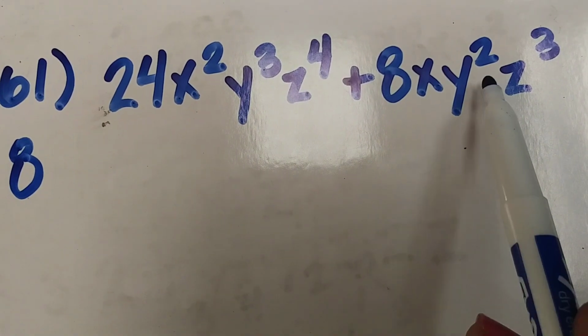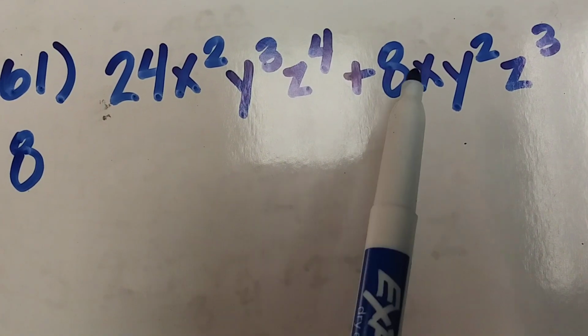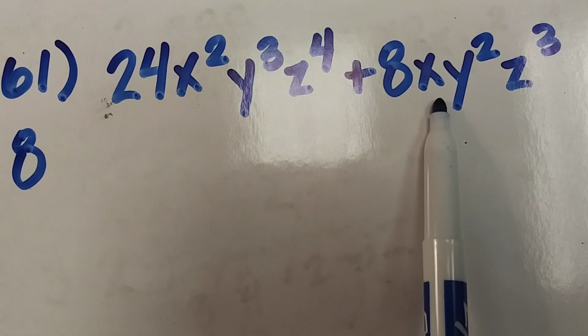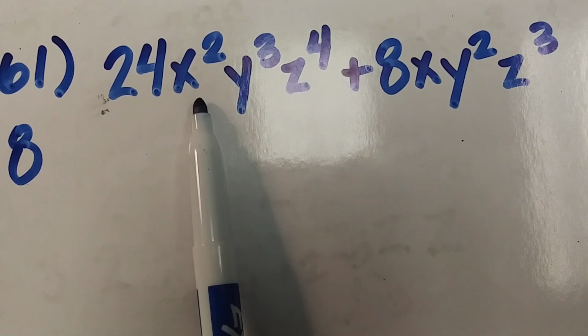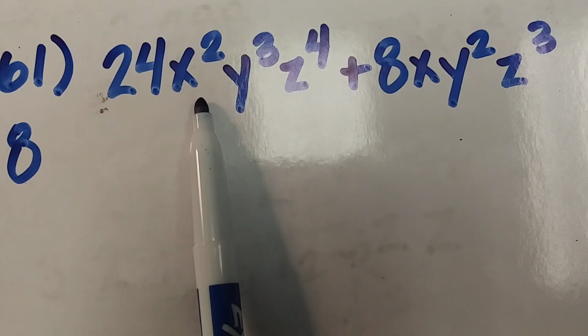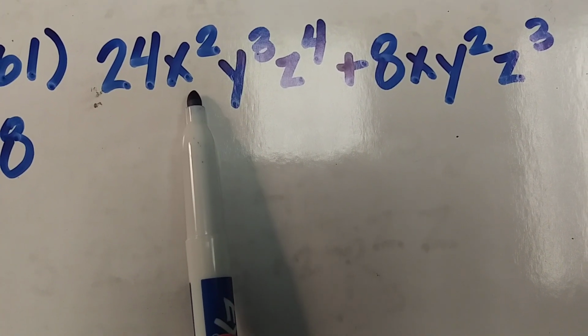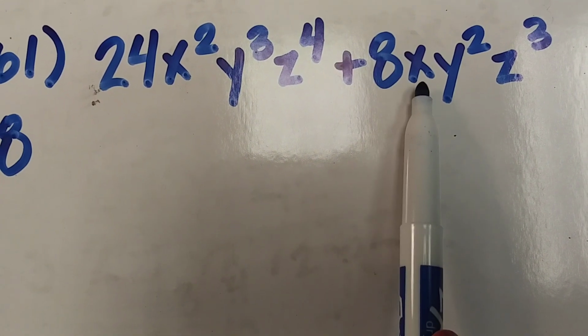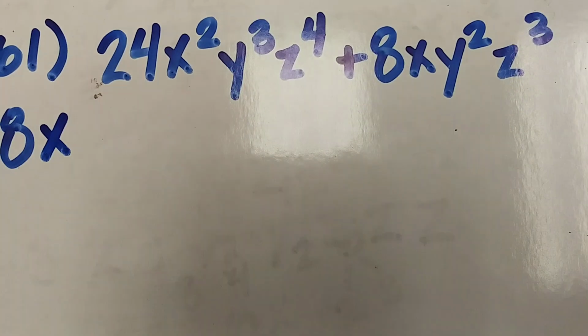On the x's, you will have to pull out what they have in common. This x has only 1. This x has 2. I have to go through x to the first to get to x to the second. So the common factor between x and x squared is just x.